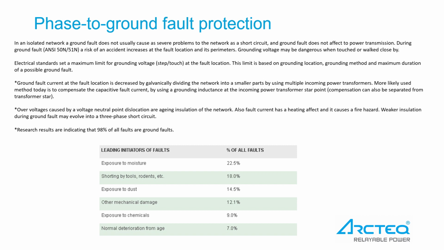Research results indicate that 98% of all faults are ground faults. A leading initiator of ground faults is exposure to moisture and dust, and shorting by a tool or a rodent or another animal.